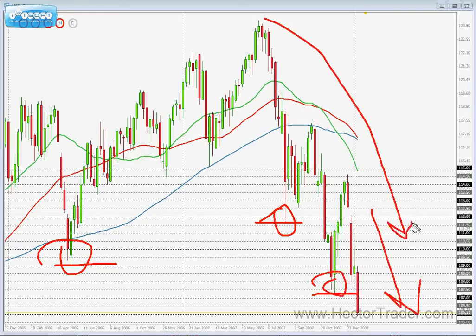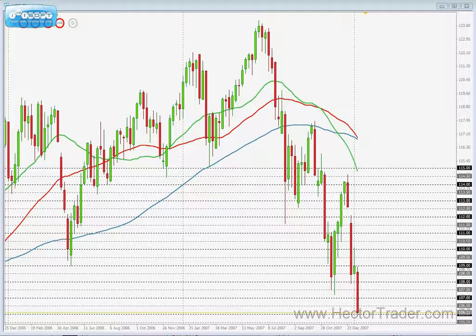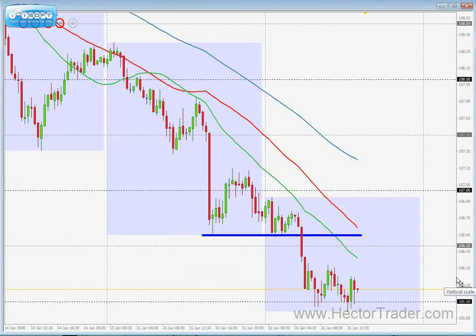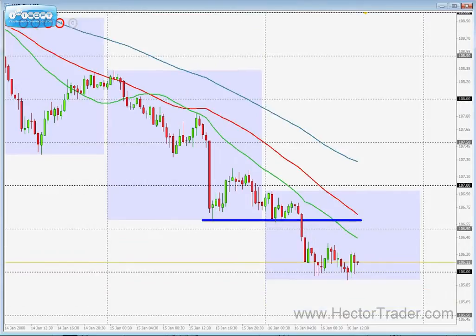It's fairly safe to search for short entries. I've checked the longer time frames, and I know there are no conflicting signals on them. So that's another plus, another tick on the list. Okay, any price pattern I recognize?